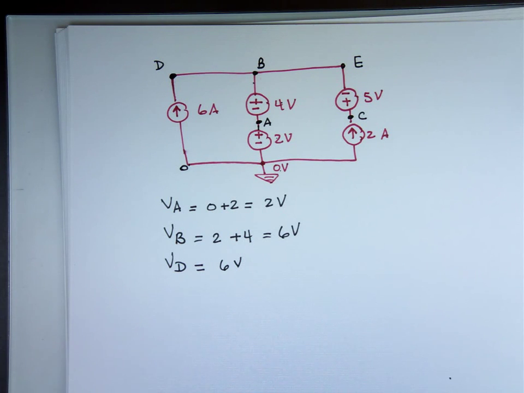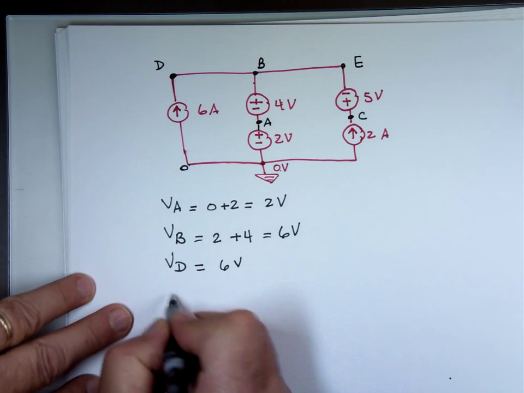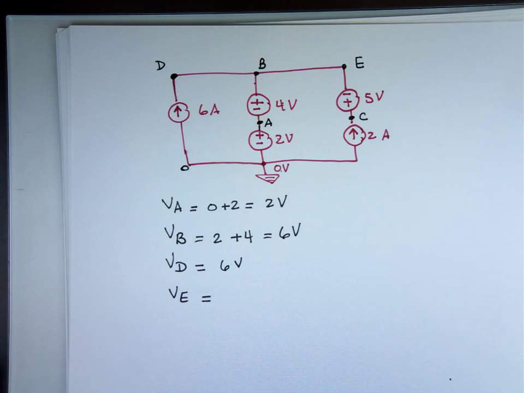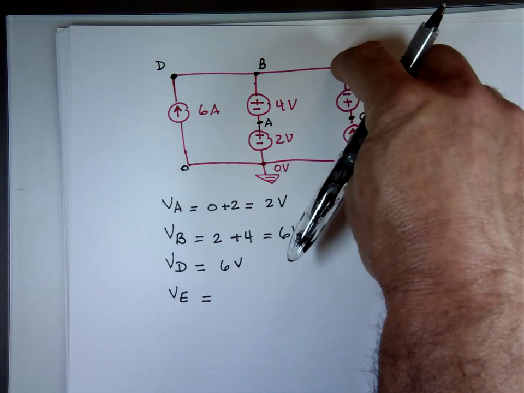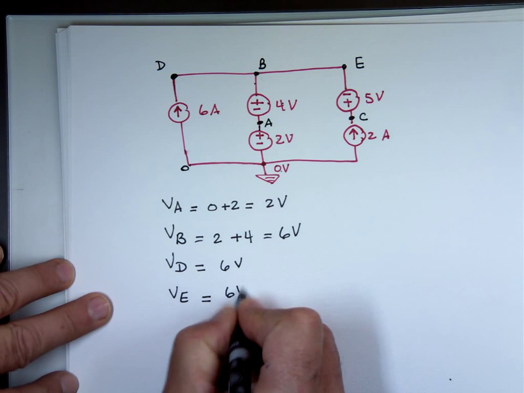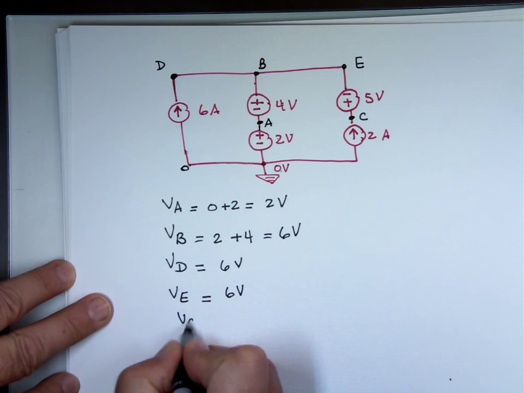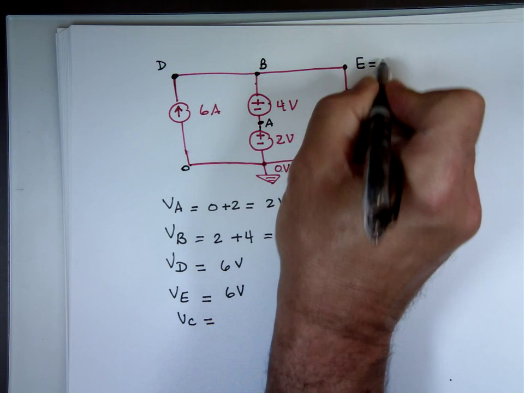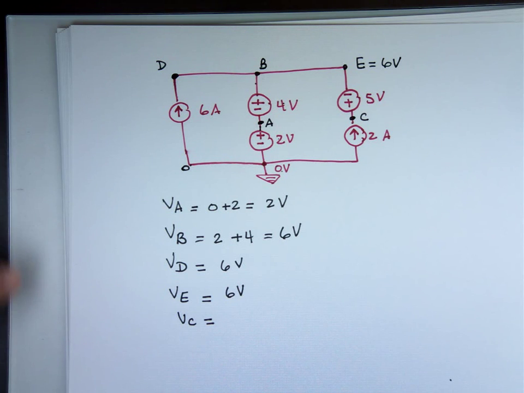What is the voltage at E? 6. This is a whole group in parallel with this, in parallel with this. 6 volts. Now, what's the voltage at C? Remember, this is 6 right here. So what do you think C is? 11.